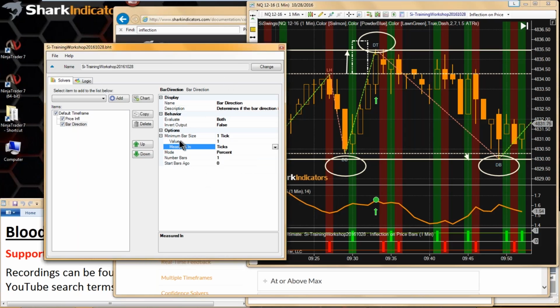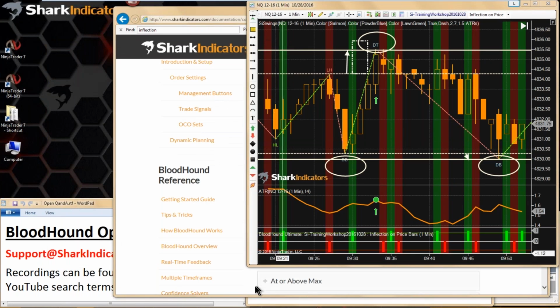There is a written description of what these units are. You can measure in points for your instrument, or in ticks, or even use Renko bars or ATRs.